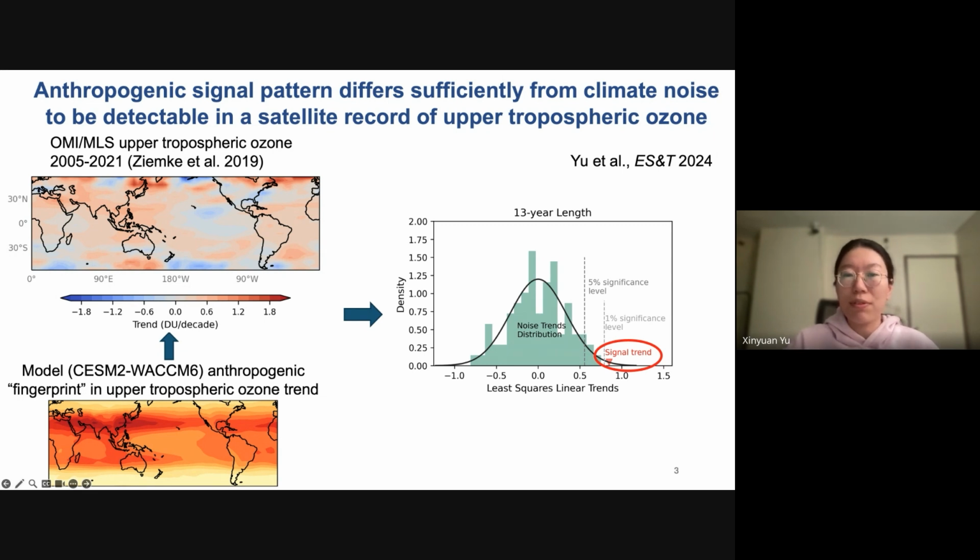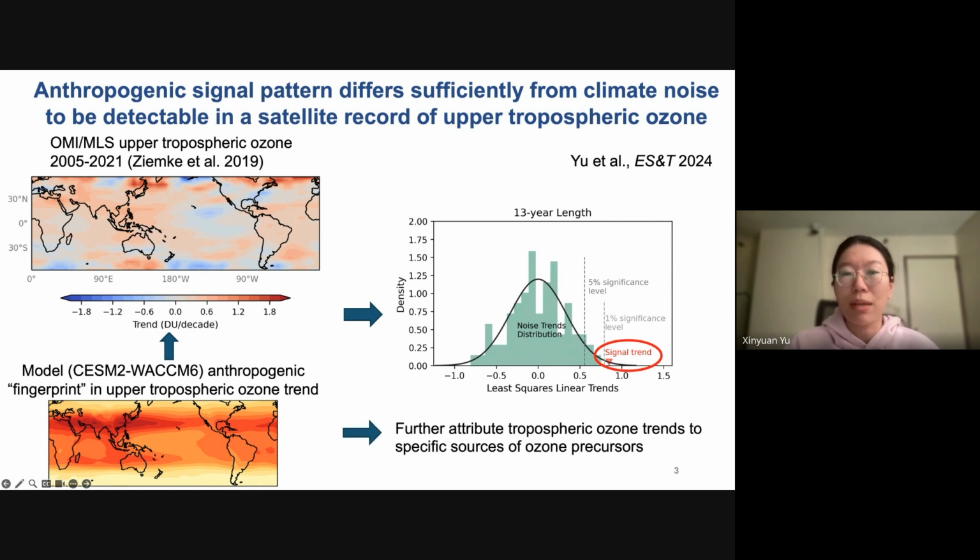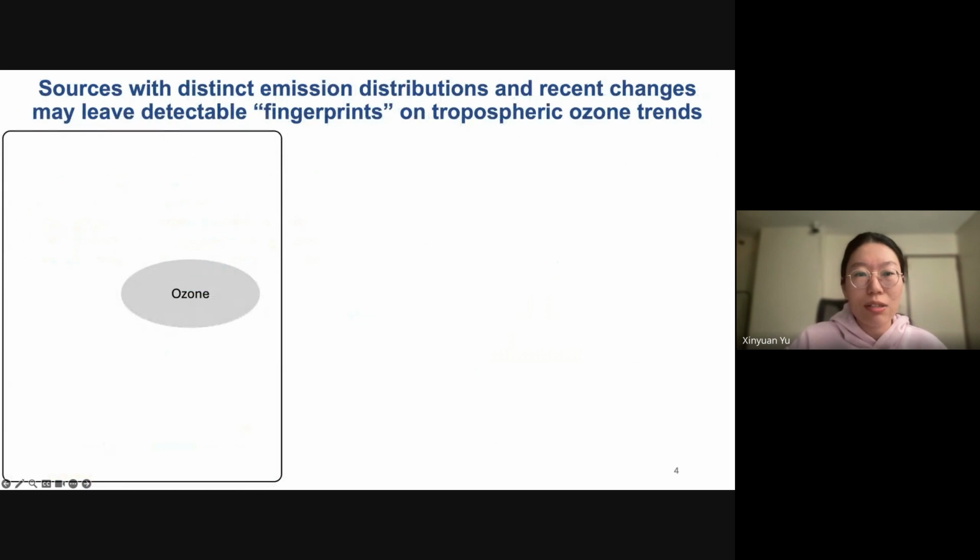This finding reveals a significant human effect on the ozone trends even in the upper troposphere, and indicates promise for us to identify the fingerprints of specific sources of ozone precursors, which is what I will talk about today. So here, to attribute the tropospheric ozone trends, we focus on sources with distinct emission patterns.